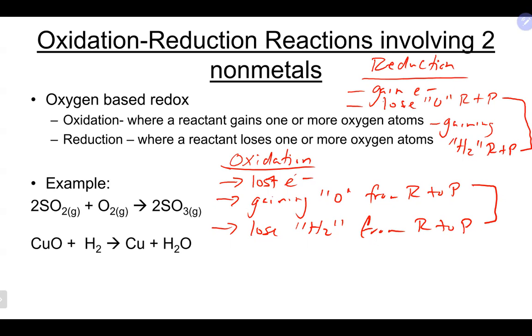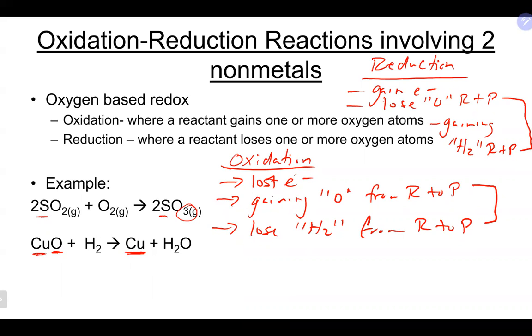So just to quickly look at the other definitions here. For example, this is sulfur, and as sulfur goes from the left to the right, it will gain some oxygen, which means it is going to go through oxidation. The copper over here has oxygen on the left, loses oxygen on the right, which means that it is going to be reduced in this case.